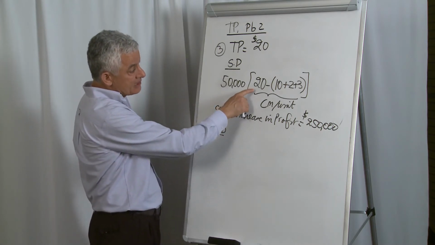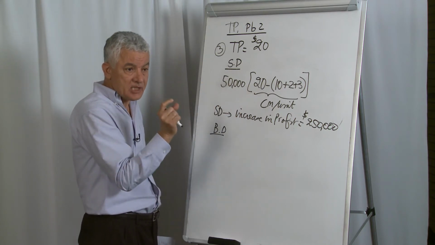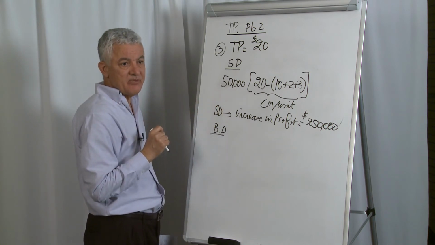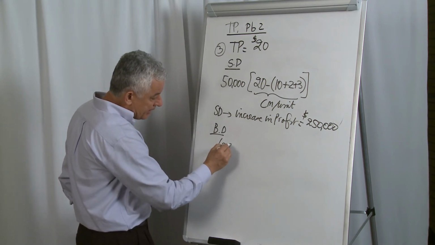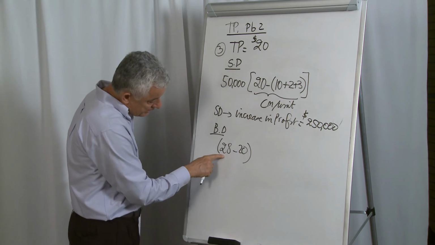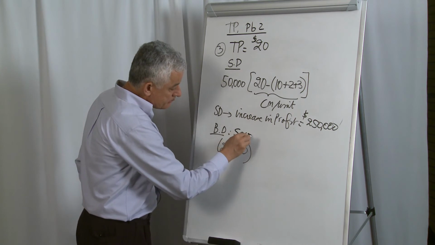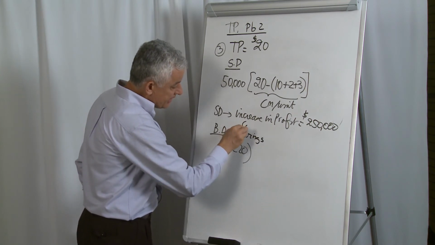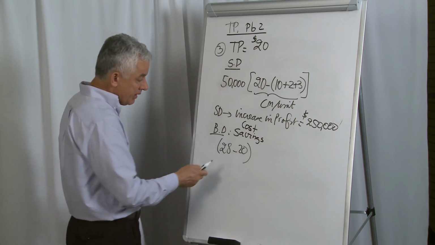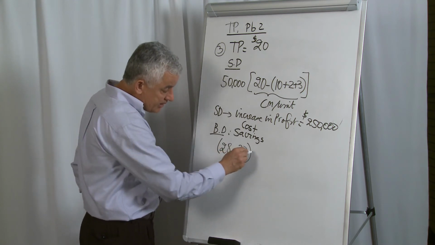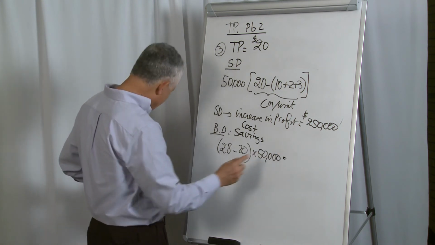By getting it at $20 from their sister division, they'll be saving $8 for each unit they get internally. The cost saving, which is the same thing as increasing their profit, is $28 minus 20 times the number of units being acquired from their sister division internally.